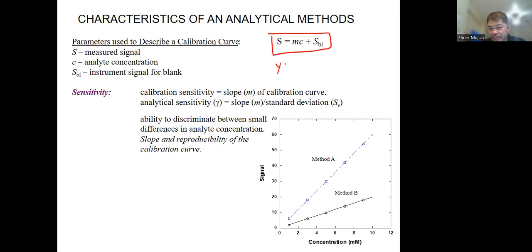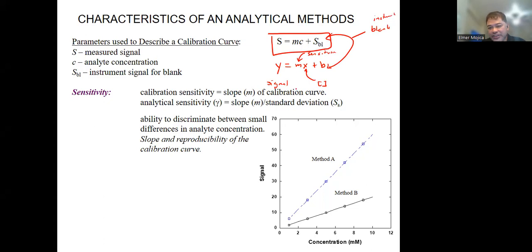This is just y equals mx plus b, right? So as you could see here, this is the concentration, the corresponding signal, the sensitivity, and what is this? That's your blank instrument. Blank. So what does it mean?